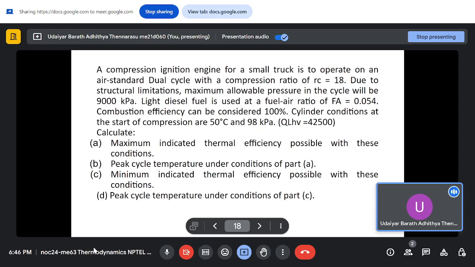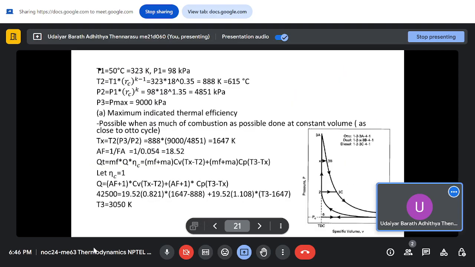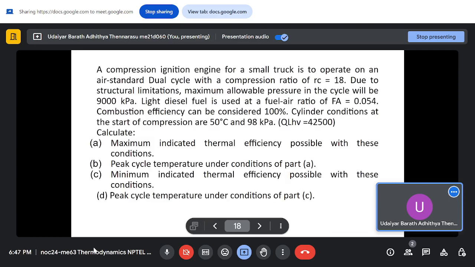So now calculate the thermal efficiency possible with this condition: the maximum thermal efficiency and peak cycle temperature under part 1, and the minimum efficiency, with the corresponding peak cycle temperature.